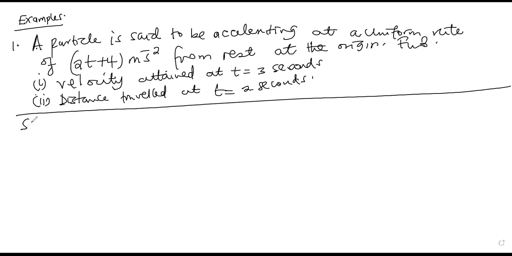From the observation, a particle is said to be accelerating at a uniform rate of this, meaning they have given us acceleration. So I am given acceleration as 2t plus 4, but they have said from rest at the origin, meaning that at time equal to 0, velocity was 0, displacement was 0, everything is 0 because it is from rest.